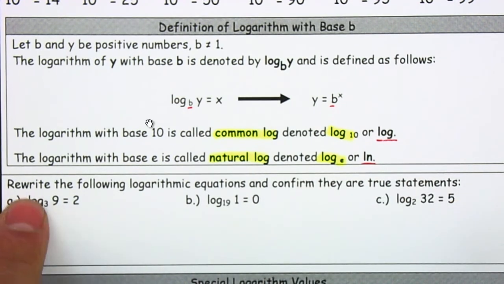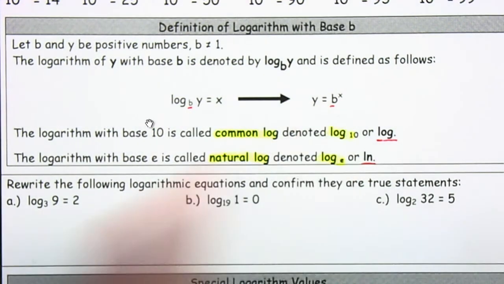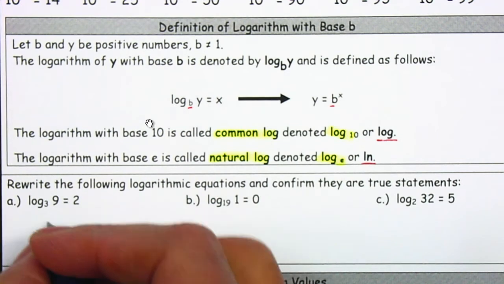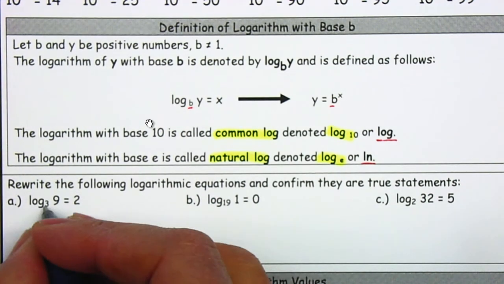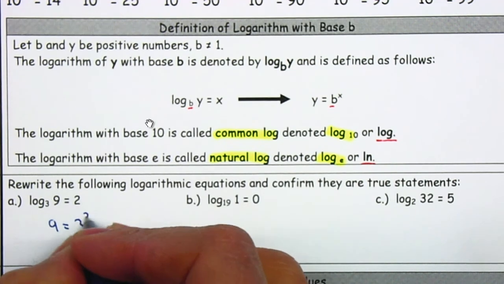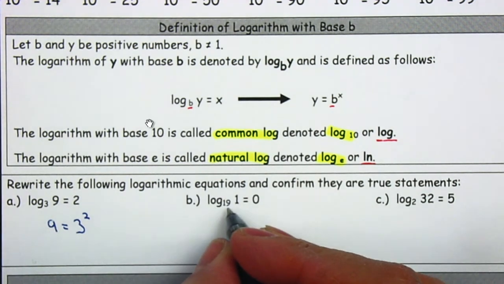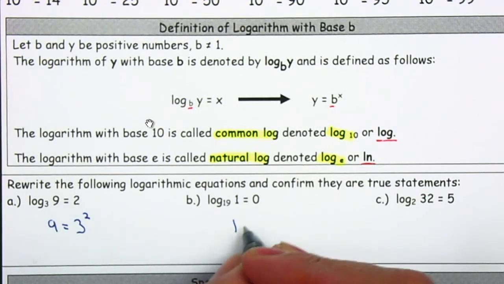On the first example, let's go and rewrite from a log to an exponential form. The only thing that we're going to do, we're going to bring down the 9. The 3 becomes the base for the 2. On the next one, let's go and rewrite it. This is a 1.